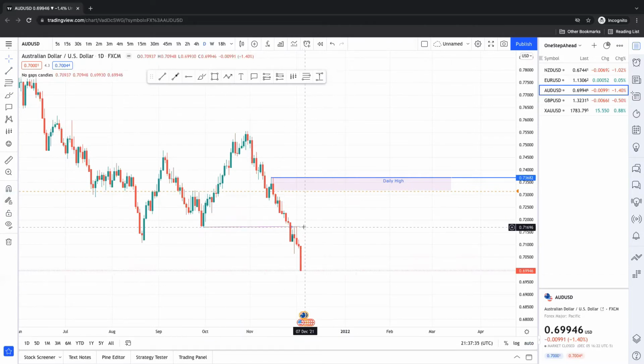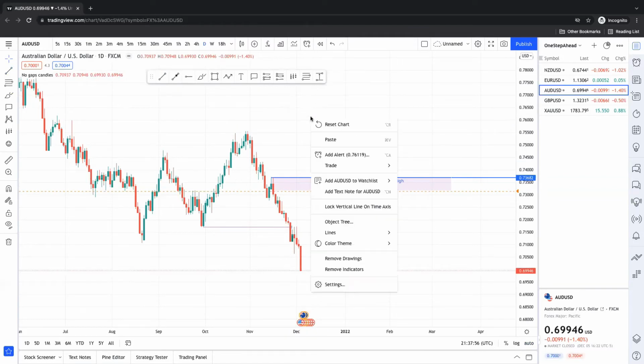Okay, so this is the structure broken. Who broke that structure? This order block. So this is how you need to find the order block. If you don't find the correct order block, your trade will not work, right?